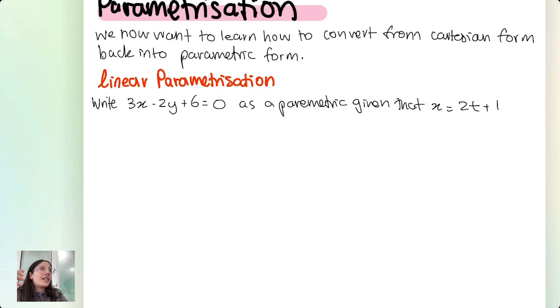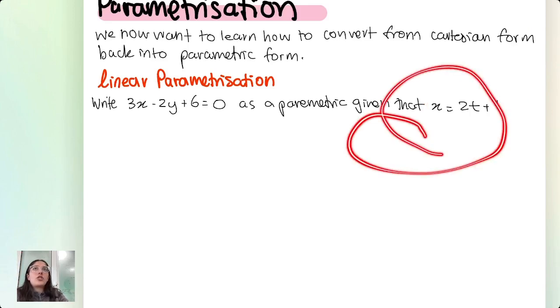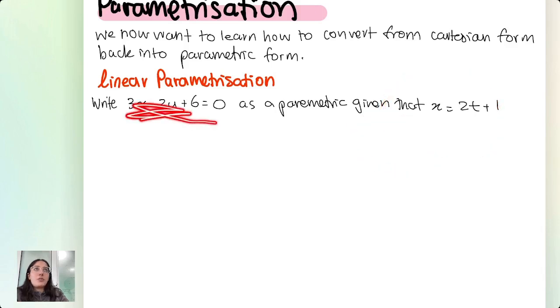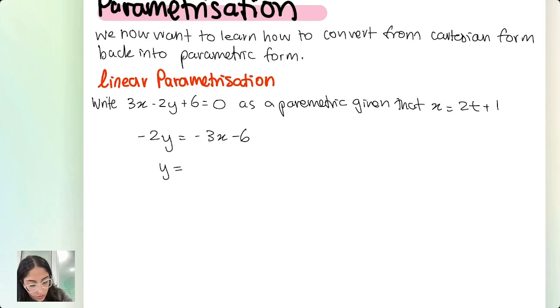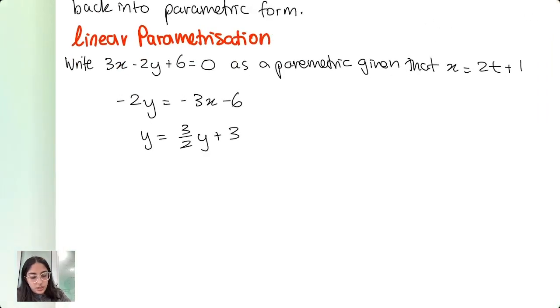We already have the x, so the first thing we need to do is change this to give us y, and then just plug this into that. Does everyone understand? So we're just going to rearrange this for y. So we get negative 2y equals negative 3x minus 6, and then y is equal to 3 on 2 x plus 3. Everyone cool?